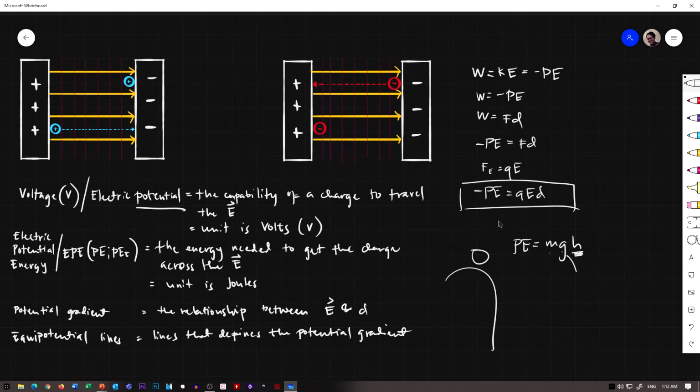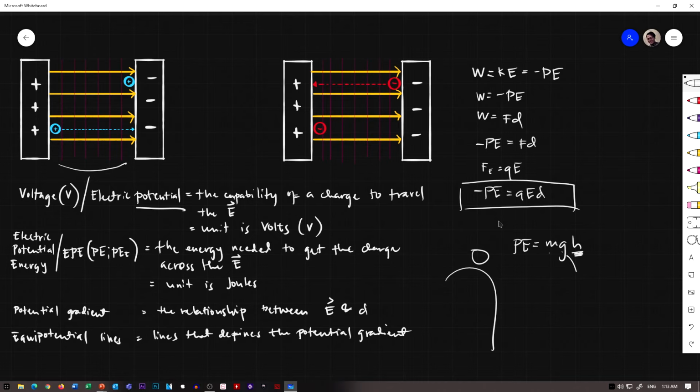So that's the same case that applies here. As you are placing it further and further from the side where it will be attracted to, the potential energy increases. Of course, it decreases as it moves along what we call the potential gradient.